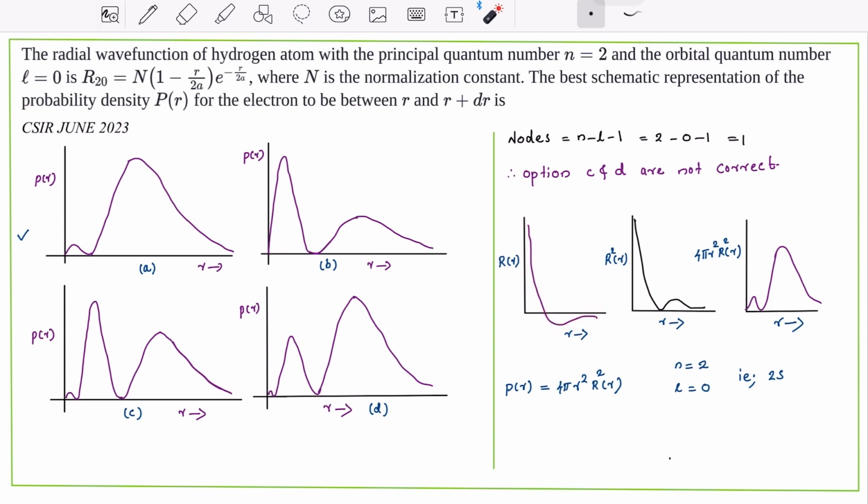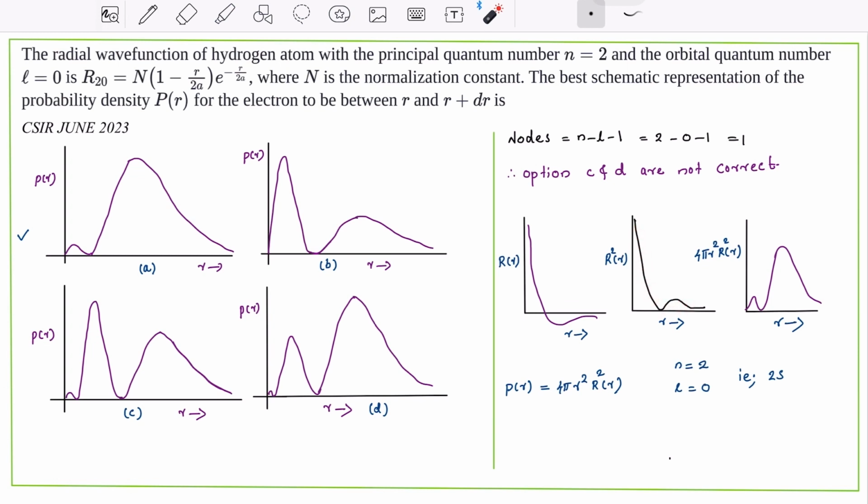This is the plot of R of r, that is the radial wave function, with distance. Now let us find out what is the graph of R square with a small r. When you take R square, there will not be any negative part because R square is positive. Therefore, the curve contains only the positive part and the curve goes like this.